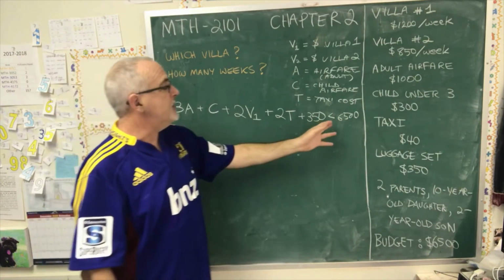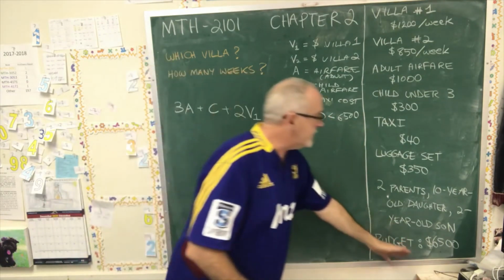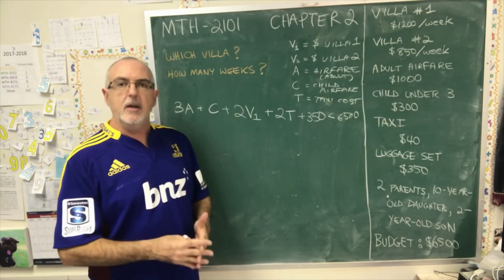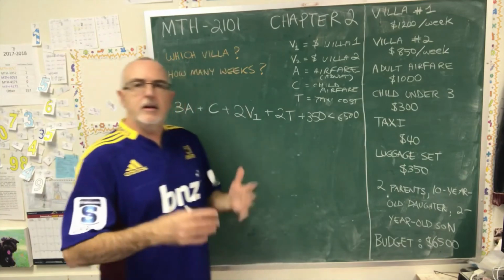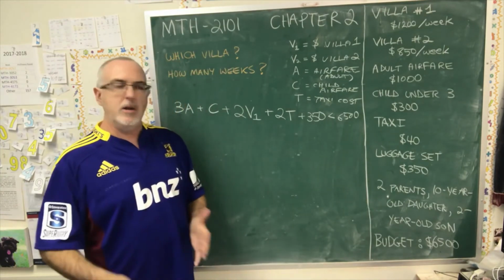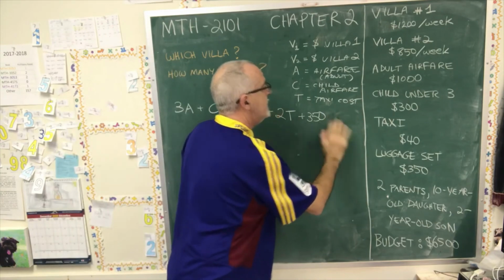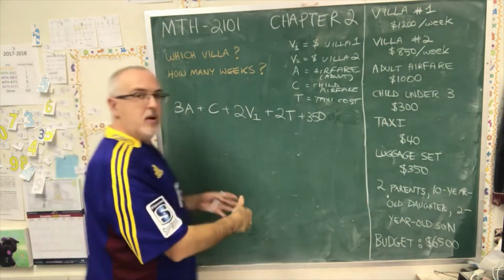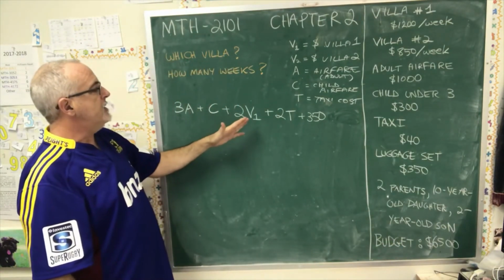One thing you can do is put an equals there instead, but then you have to do this extra step at the end where you realize we don't have to have an exactly equal amount. We have to have an amount that's less than $6,500. So you're just doing the step at a different stage in the process. Another thing is to just treat it as an expression, find the total cost, and then worry about the budget afterwards.